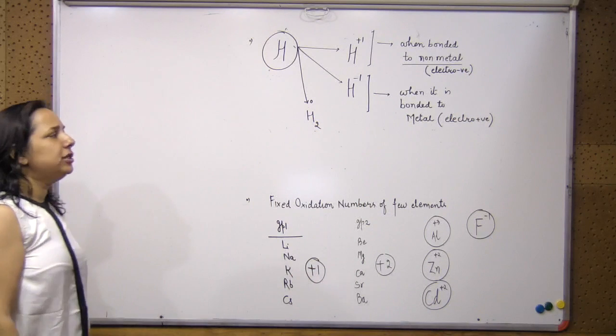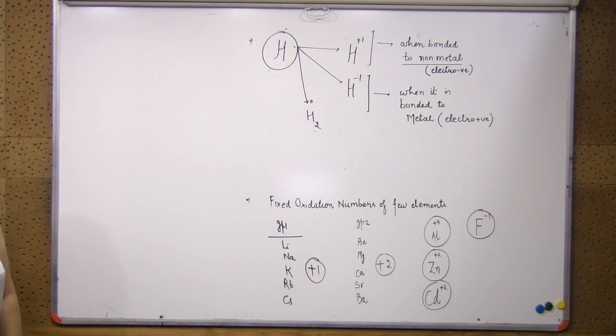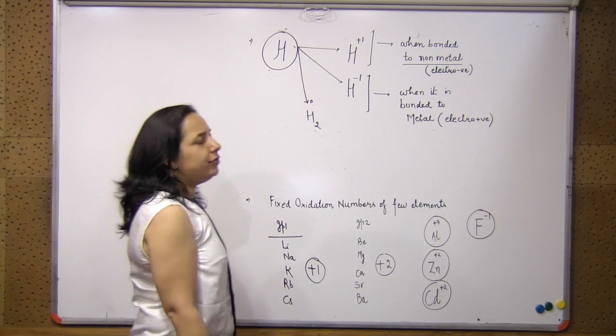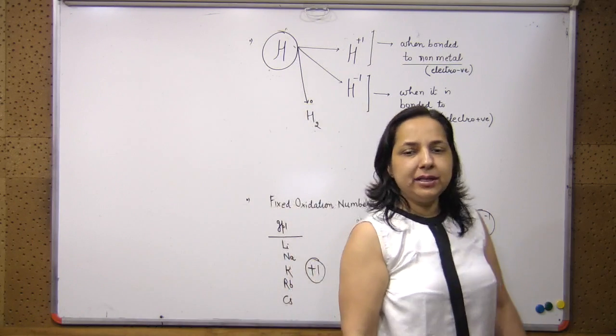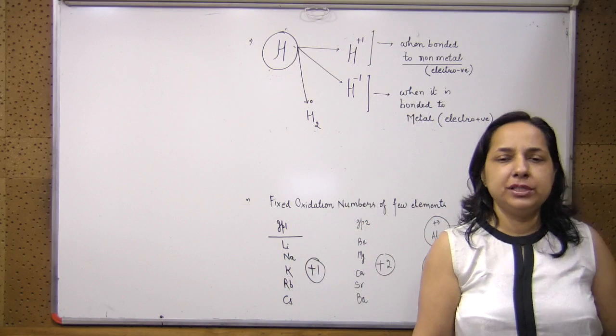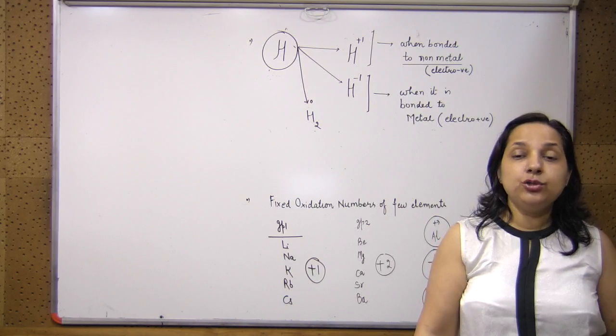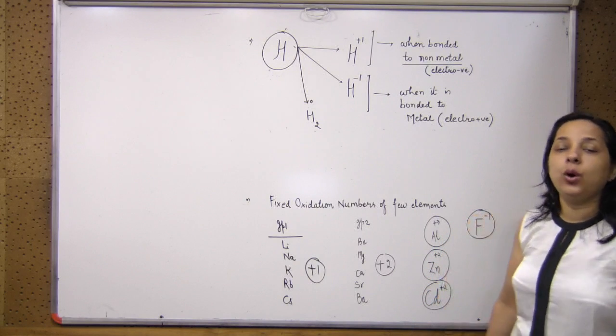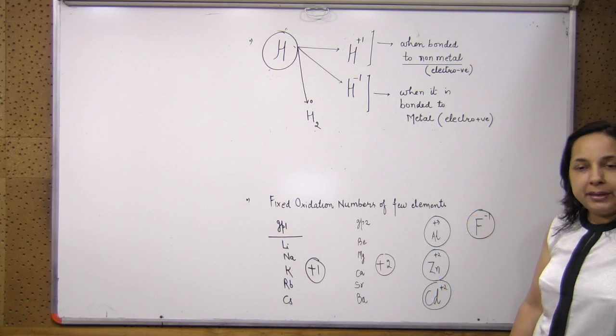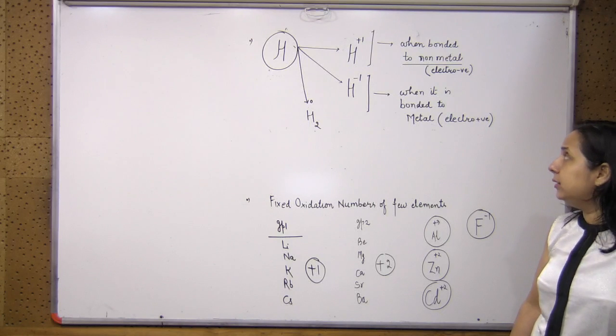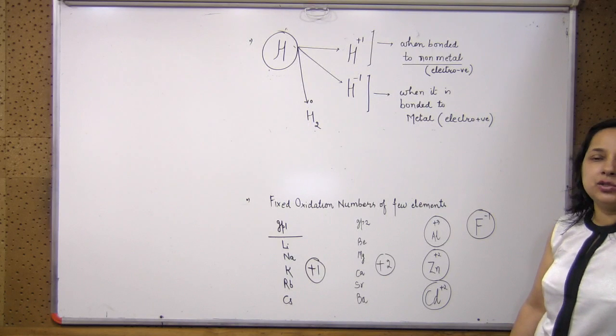So if hydrogen is bonded to an element which is more electropositive than hydrogen, the hydrogen will become negative. And if hydrogen is bonded to an element which is more electronegative than hydrogen, then it will become positive. It means hydrogen can show a variable oxidation state. With metals it is -1 and with non-metals it is +1.